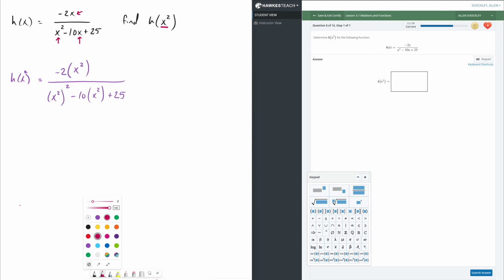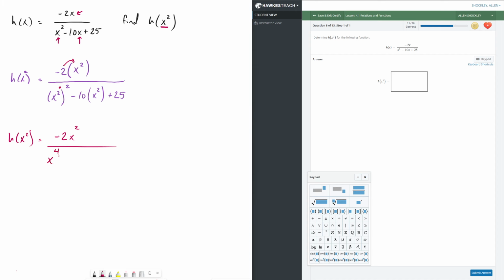From here, we just need to simplify what we can. We're going to take negative 2 times x squared. So h of x squared equals negative 2x squared over x squared squared. Here we're going to multiply our exponents, so this becomes x to the 4th.